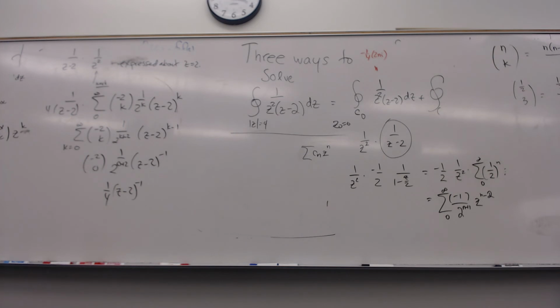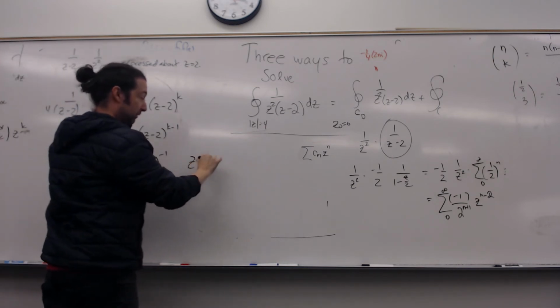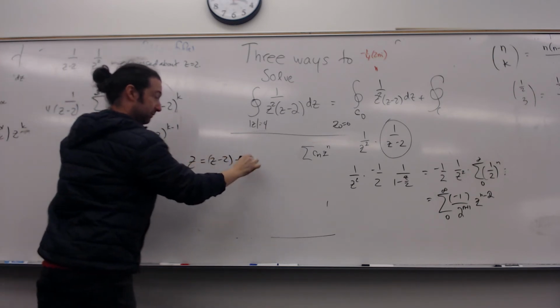Where'd the 4 come from, though? The 4 came from the fact that if I manipulate this so that it looks like 1 plus something, I have to put a plus 1. I really need a minus 2 right here. Z is equal to z minus 2 plus 2.